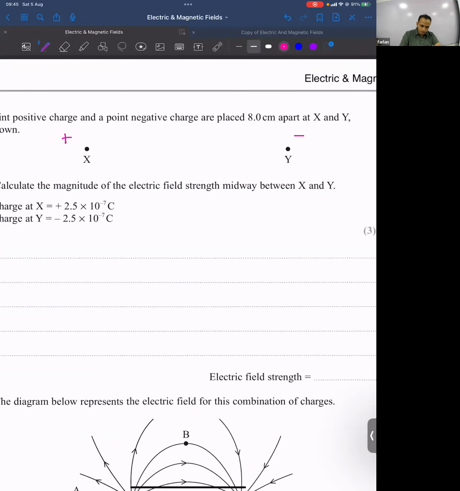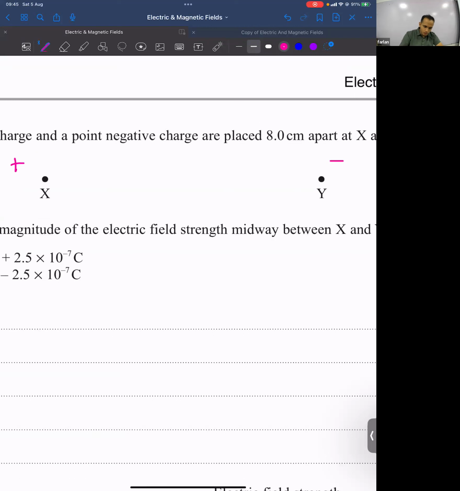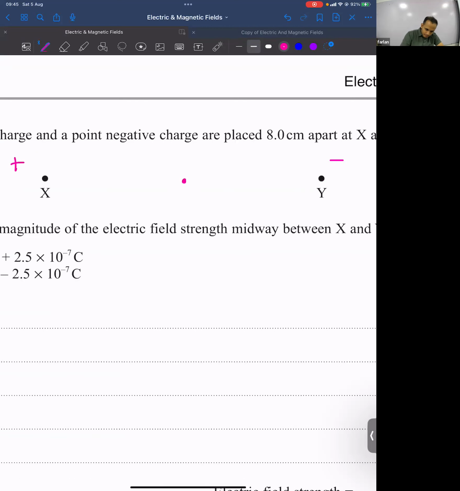We want to find the magnitude of the electric field strength midway between X and Y. So we are talking about a point somewhere here. We shall take that point as Z. So guys, the distance from X to Z, how many centimeters? 4 centimeters.